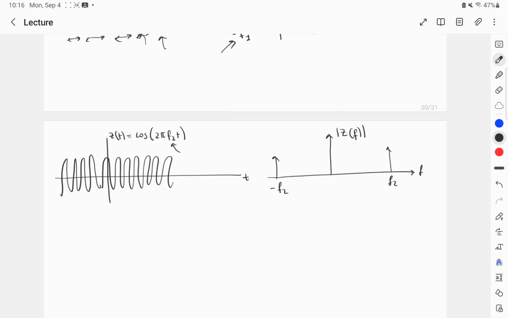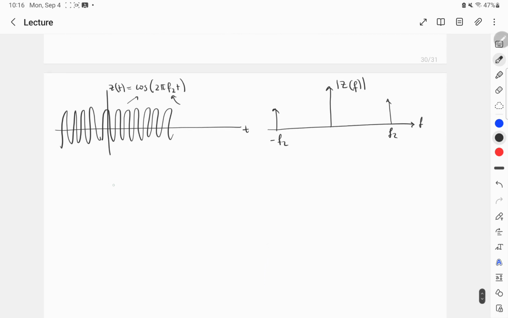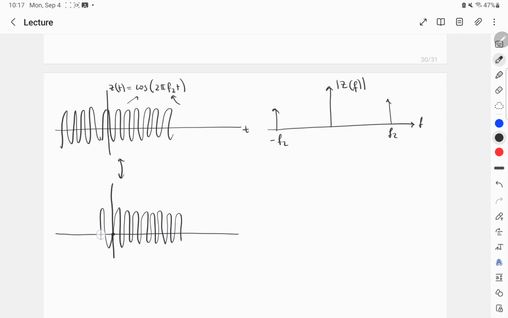And then let me ask you, what happens if we have another function? Let's say if it wasn't cosine, but it was sine. And what would happen? Let me show you real quick. It will start from 0. And then let's say that these two had the same frequency. All right.